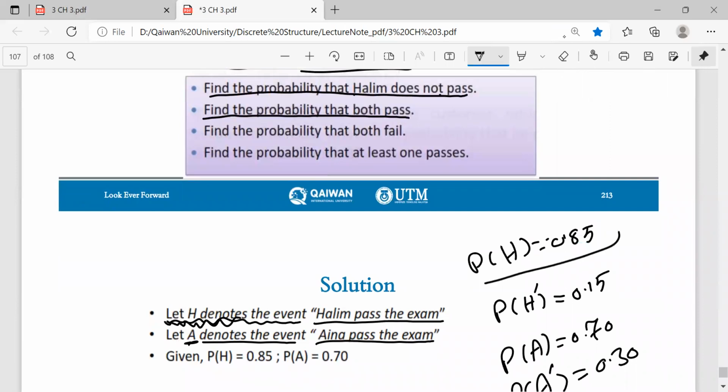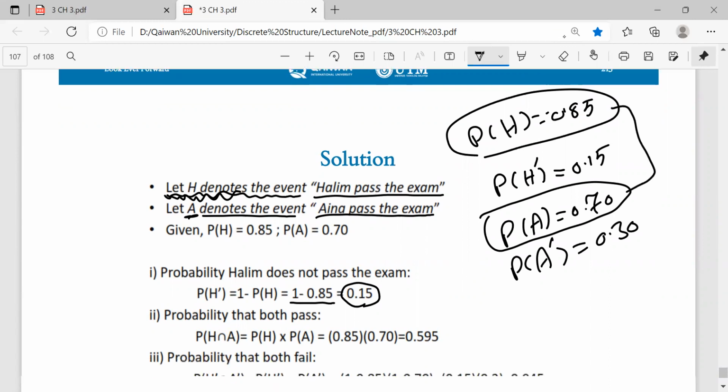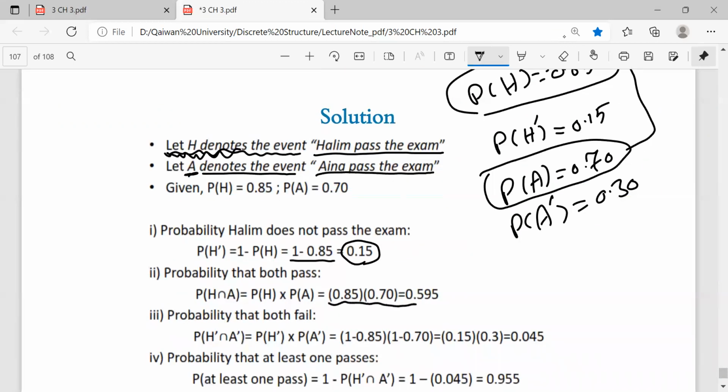It is probability of H multiplying by probability of A, because H and A are independent. Multiplying 0.85 and 0.70. That's it. Probability of H and A is probability of H multiplying by probability of A.